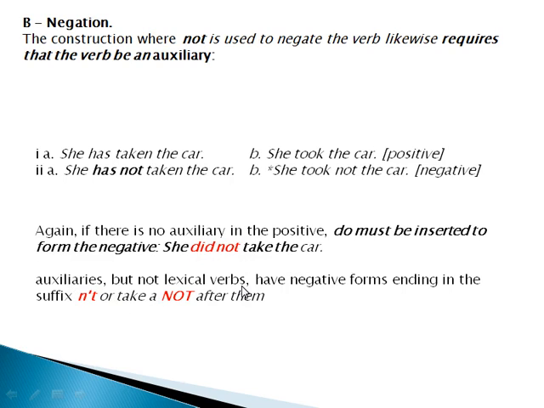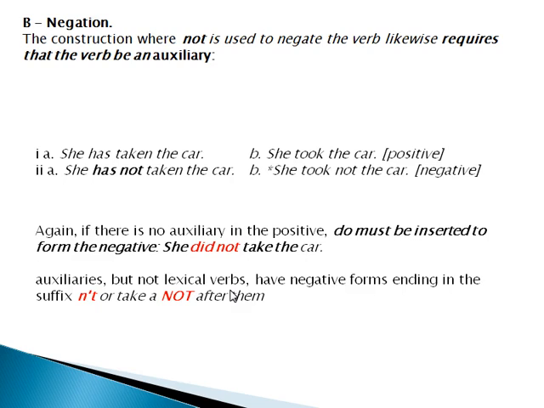Auxiliaries, and only auxiliaries, never lexical verbs, have negative forms ending in the suffix n apostrophe t. Only auxiliaries can have it. Okay, and then again we have to consider be as an exception, as a different instance of verbs.